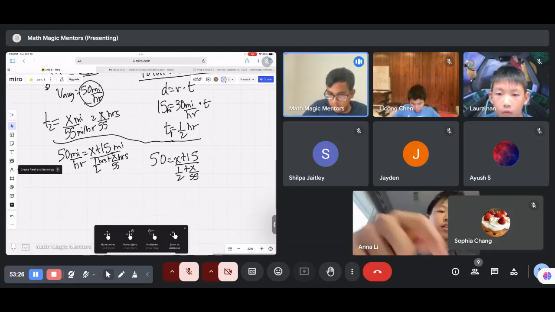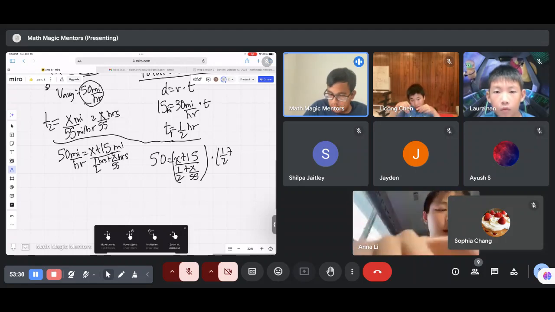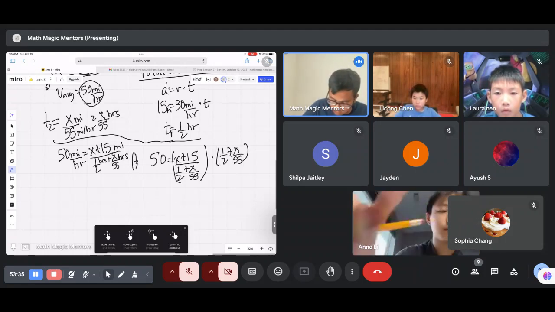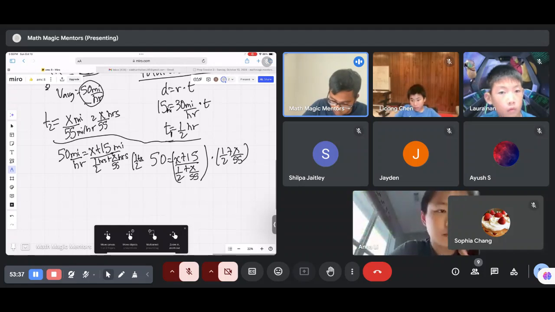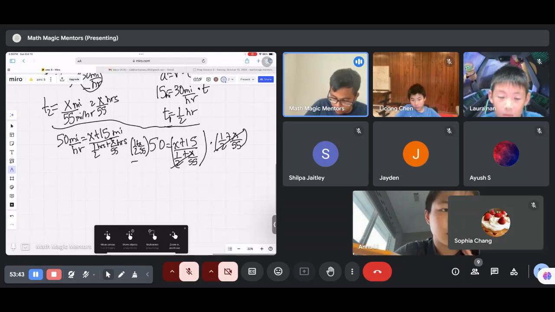Yeah, so you can multiply it by one half plus x over 55. Nice job, Lucas. So you can multiply both sides by one half plus x over 55, because that's going to cancel this out.